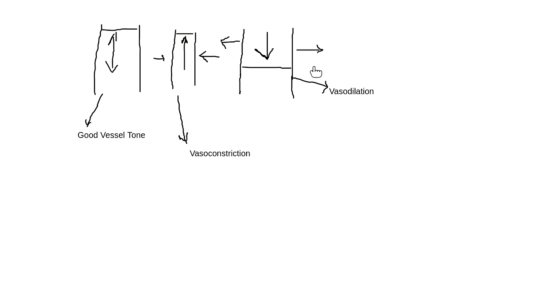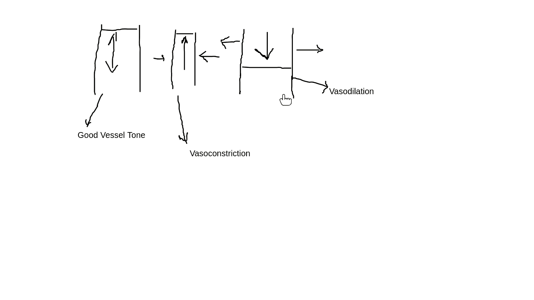Regardless of the cause, for the various types of distributive shock, the primary problem will always be that the blood vessels are too open. If the blood vessels are wide open or too dilated, the pressure inside of the blood vessels will fall.